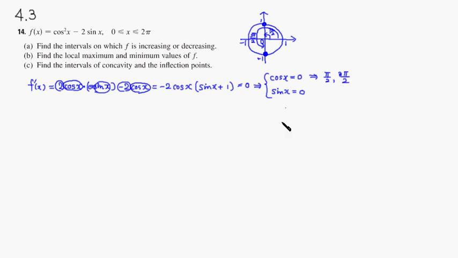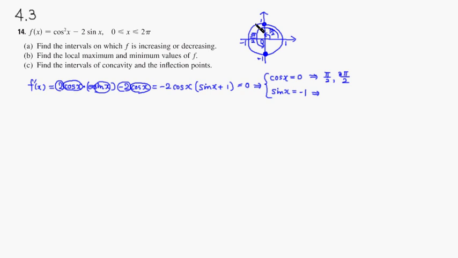How about the sine equal to 0? Oh, sorry, this was not 0. We're looking for negative 1. Sorry about that. The sine represents the y-coordinate of the point on the unit circle.